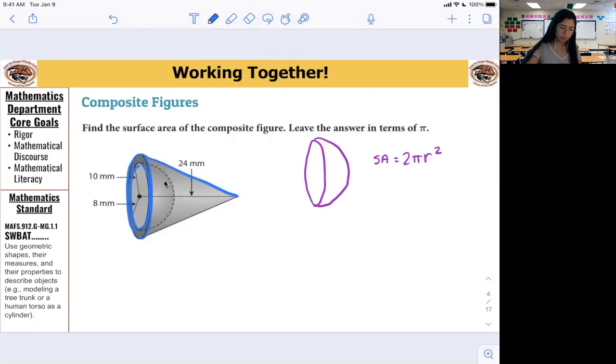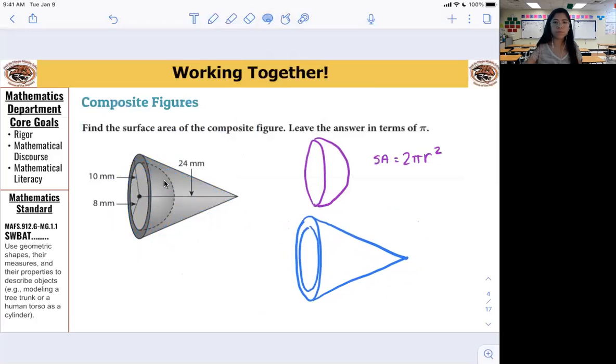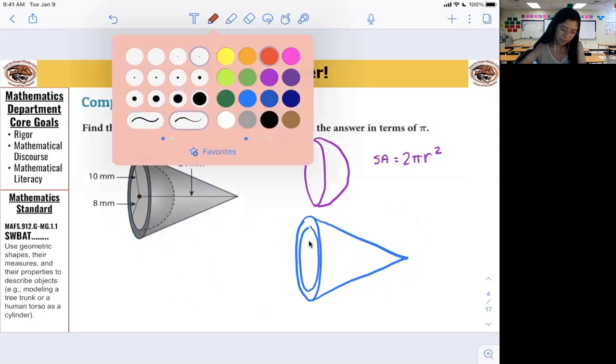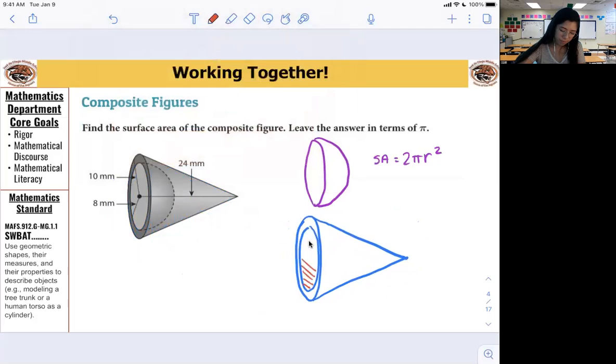What's happening on the bottom? Kind of a donut. Am I counting that hole when I calculate the surface area? No. So we have the surface area of a cone minus the area of that circle on the inside.